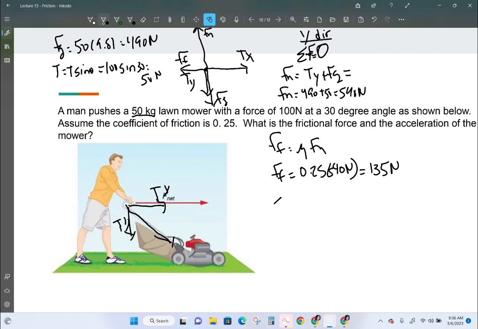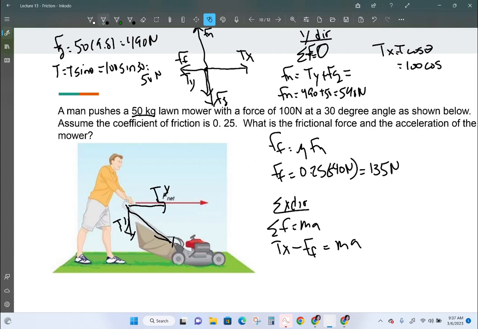Now it wants to know the acceleration. Well, in the x direction, all of the forces add up to make it accelerate. The only two forces in the x direction are Tx plus a negative friction. So Tx is going to be T cosine theta, which is 100 cosine of 30, which is 87 newtons.